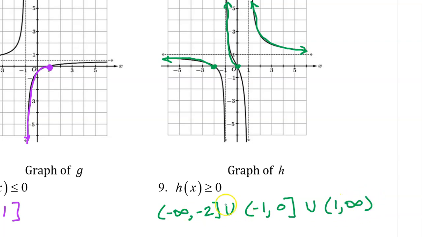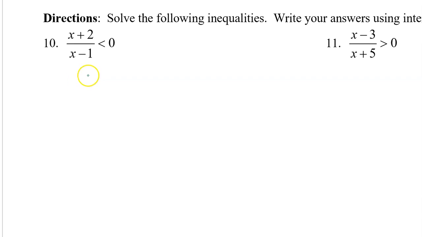So that's number 9. Okay, now let's solve some rational inequalities. I'm going to refer to this left part of the inequality as f of x. The first step is to find and list off the zeros of f of x. So I like to label it like this. Where does f of x equal 0?